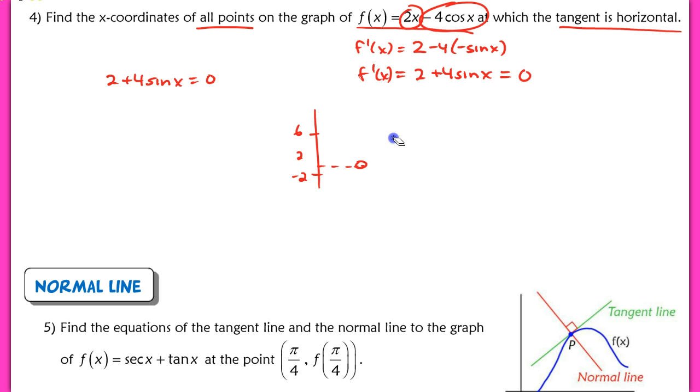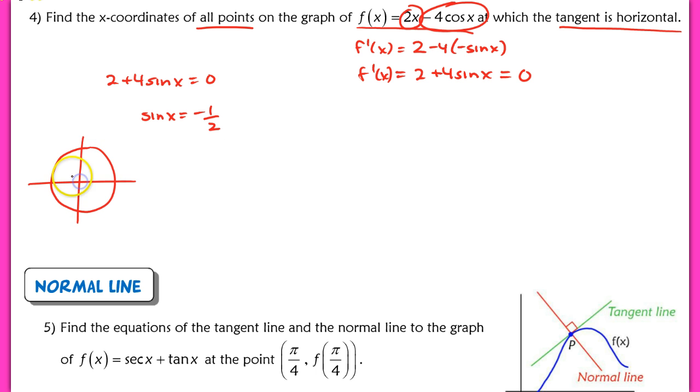Now, obviously, you don't have to do this graphically, because if you come back over here and you just solve for the sine of x, we have the sine of x equals negative 1/2. So if we think about where the sine of x is equal to negative 1/2 on our unit circle, that's going to occur at the pi over 6 families, and it's going to be in the 3rd or 4th quadrant. So that's going to be 7 pi over 6, or 11 pi over 6.